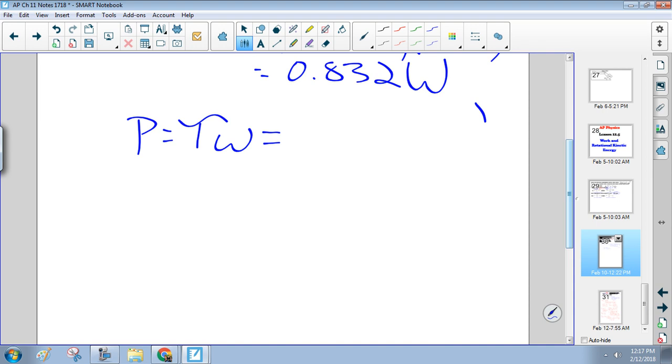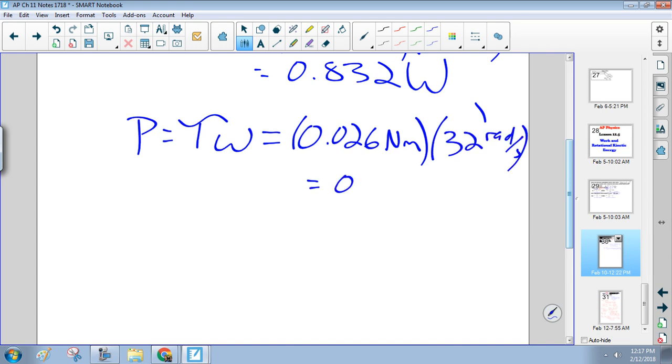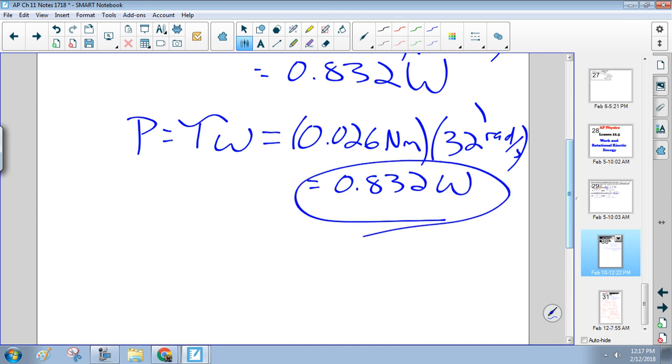So 0.026 Newton meters was the torque that we found earlier, and our angular velocity was 32 radians per second. Multiply it, and that does in fact give you 0.832, or somewhere thereabouts. 0.026 times 32 gives you exact. Cool. There we go. All right.